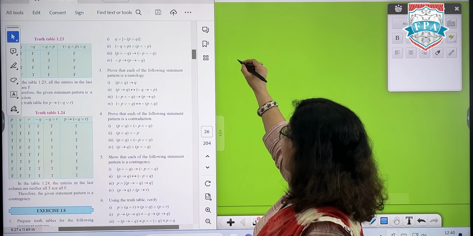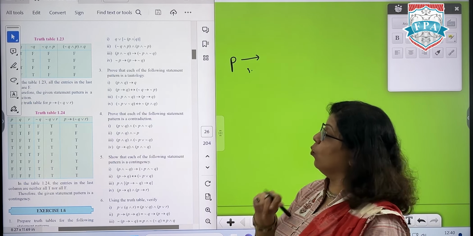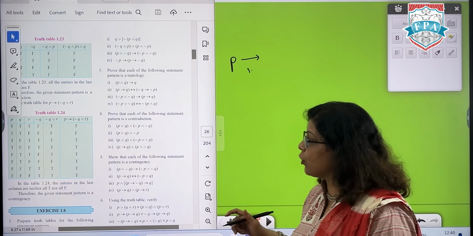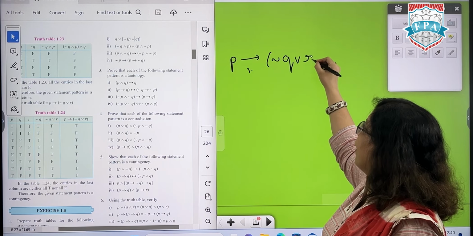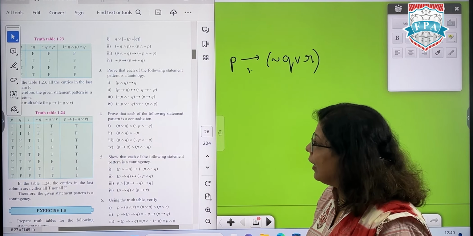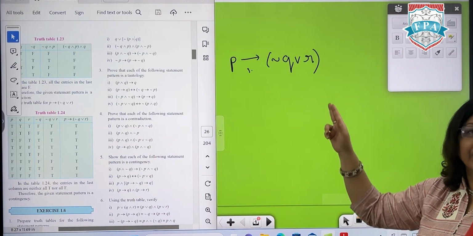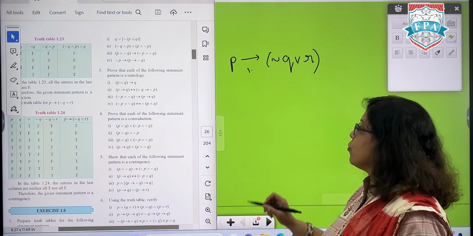So let's see the statement first. We have to get P2 means if then statement, negation of Q or R. Simple values हैं, बहुत complicated नहीं है, but क्योंकि 3 variables आ गए P, Q and R, हम क्या लेंगे यहाँ पे? 8 options to solve it.